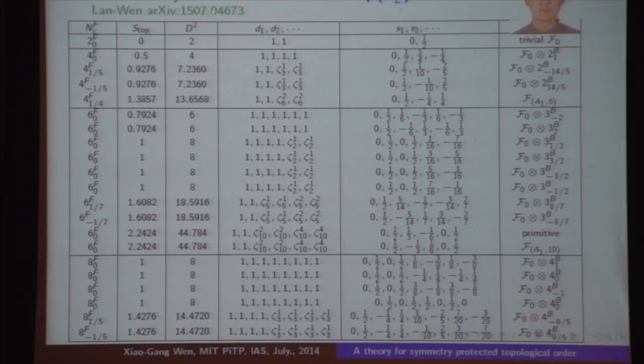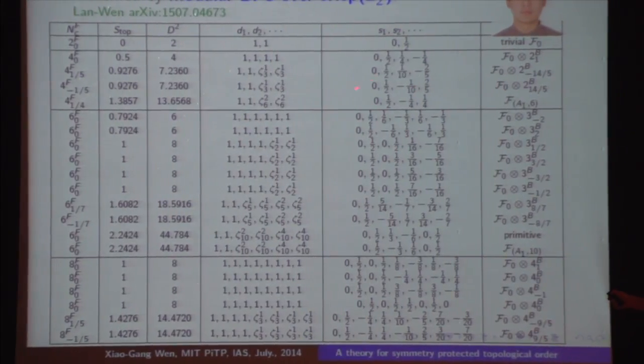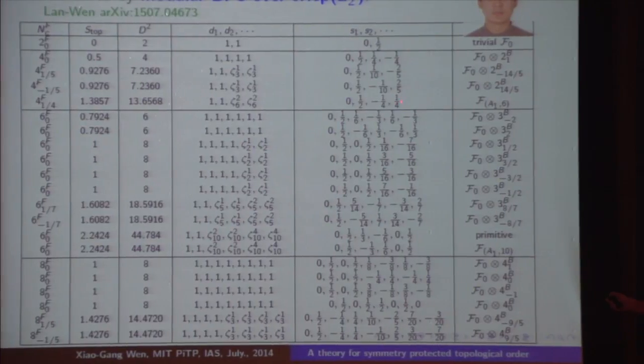And I want to make another remark here, that this particular entry has been discussed before. If you look at these statistics, 1/2 is time reversal invariant, and the quarter and the minus quarter are time reversal invariant pairs. So from the bulk point of view, these statistics satisfy time reversal symmetry.